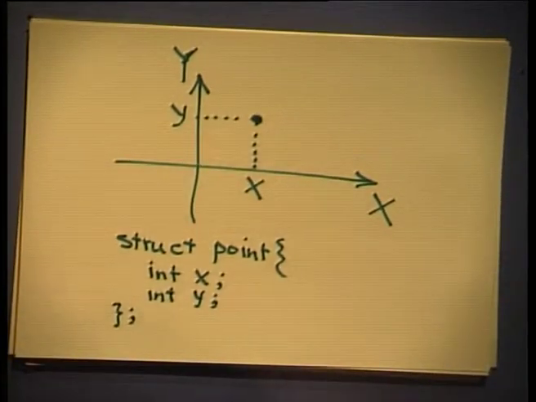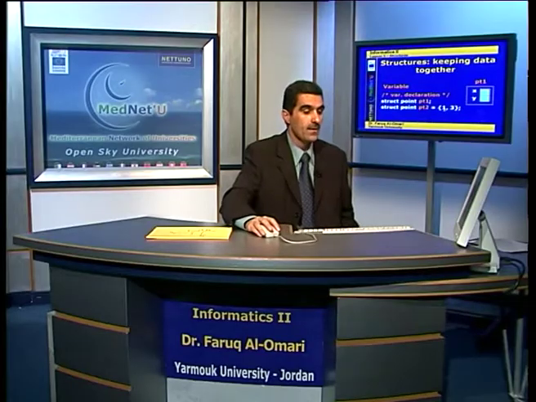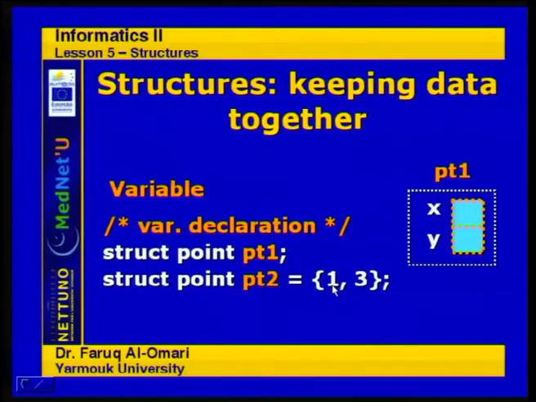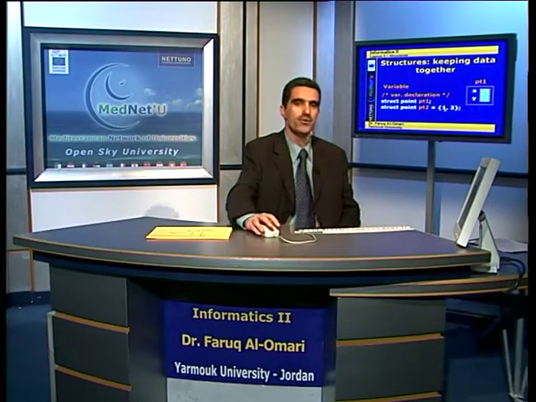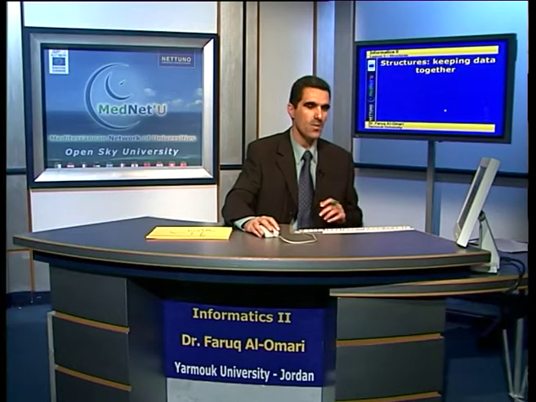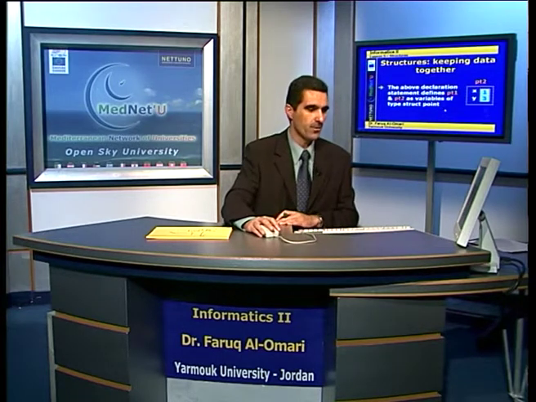Okay, so now when I say PT2 is a variable of type point and I initialize it this way, that means x within this structure is 1 and y is 3. Okay? So this is like an assignment of saying x within that structure equals 1 and y equals 3. We're going to see more of this as we move on.